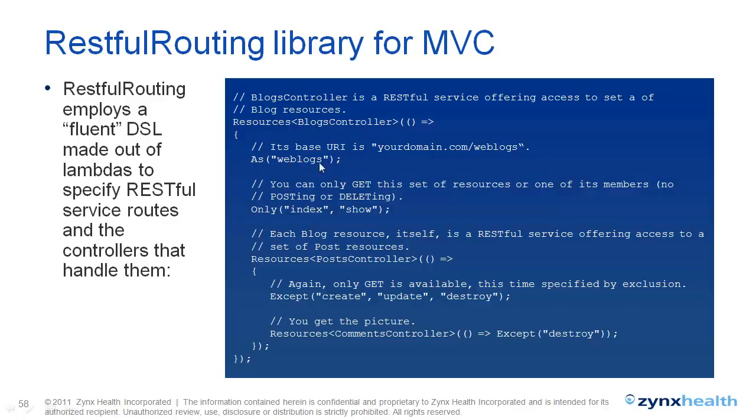But here we've given it an alias so that it's weblogs instead. But imagine that weren't there, it would just use this part of the name of the controller. Again, combining convention and reflection. So inside the lambda that we are feeding to this resources declaration as an argument is all the stuff we need to know about this set of resources.